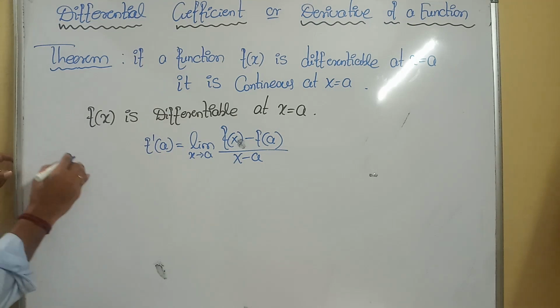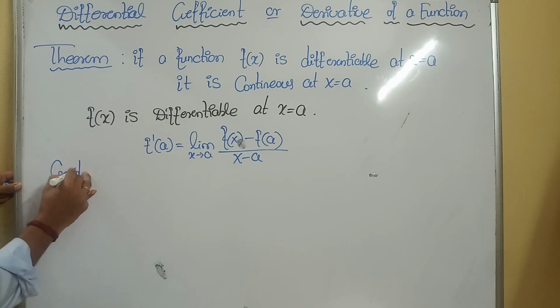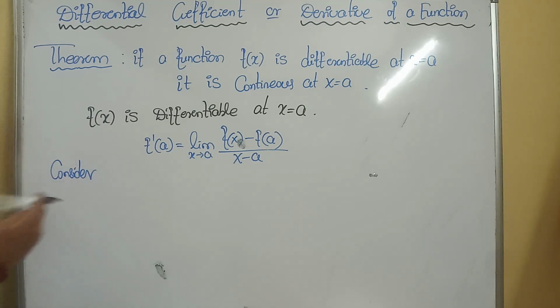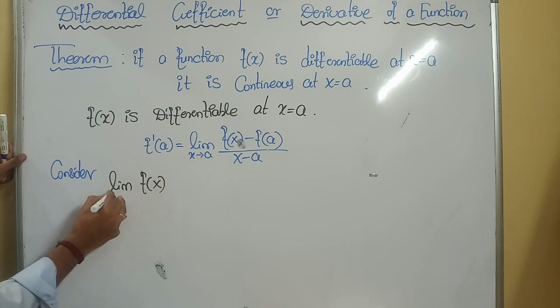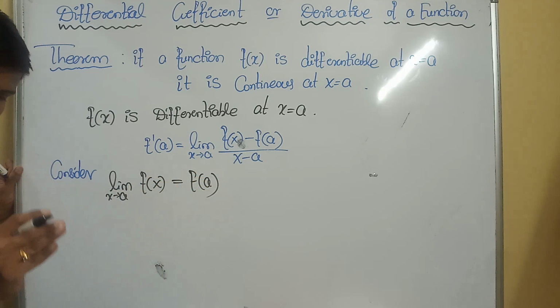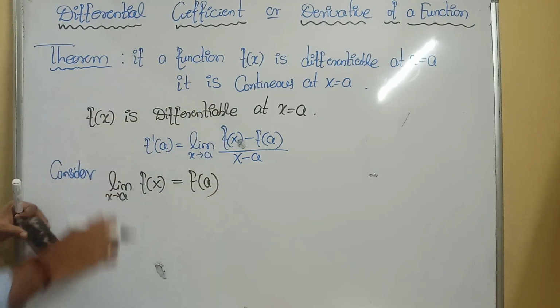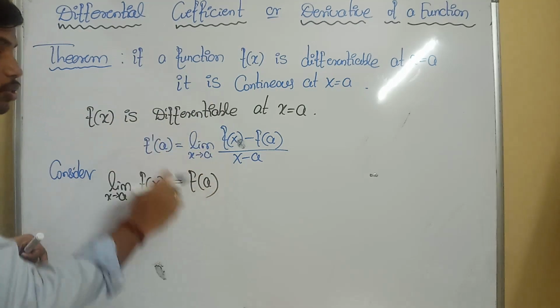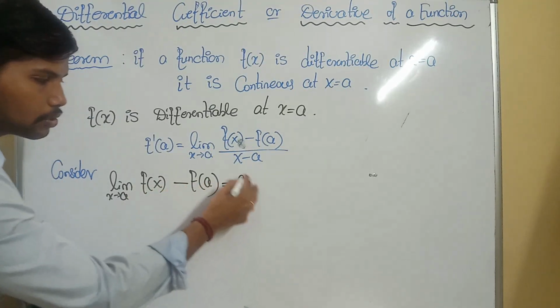Now I'd like to define a continuous function. Concentrate on the board. It is the limit of f of x as x tending to a is equal to f of a. Now I'd like to write this positive f of a on the left hand side. If positive f of a is on the left hand side, it will become minus, this is equal to 0.